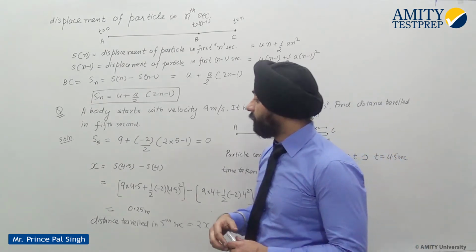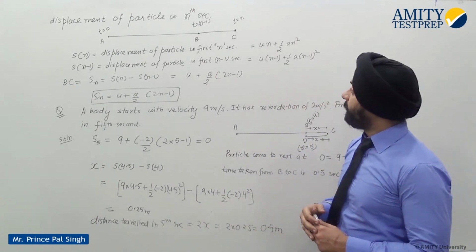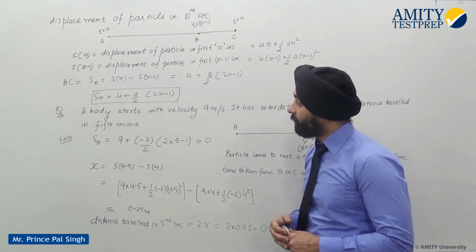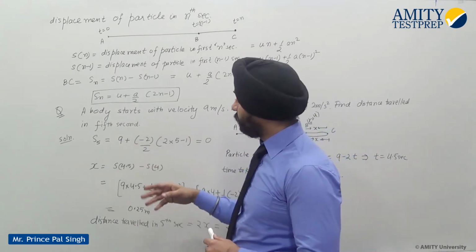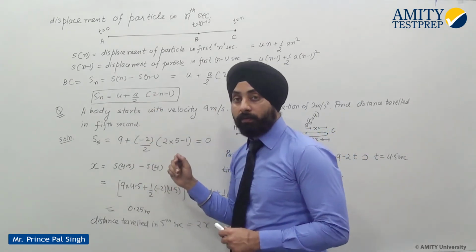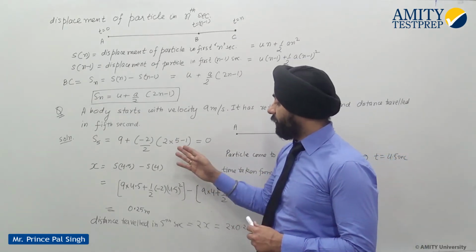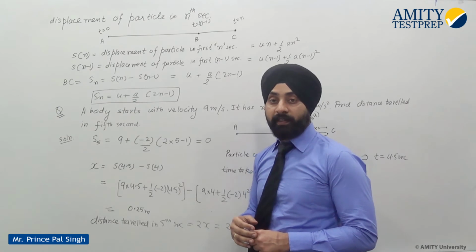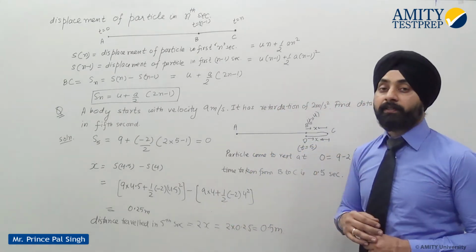If we write S5 as the displacement of the particle in the 5th second, and use this formula, where u is 9, a is minus 2 because it is retardation, and n is 5, the displacement in the 5th second comes out to be 0. So the displacement of the particle is 0.